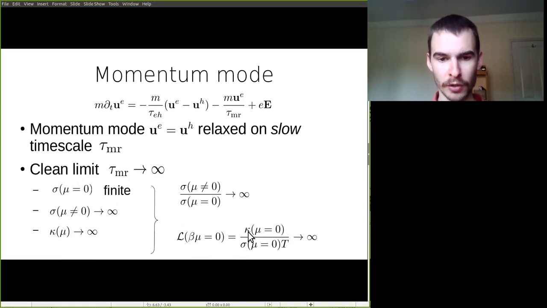And because the thermal conductivity diverges at charge neutrality, the electrical conductivity does not, this ratio will diverge in the clean limit as well. And so we see that we've got this large Wiedemann-Franz law violation at charge neutrality. And so these two features are essentially signatures of hydrodynamic transport.